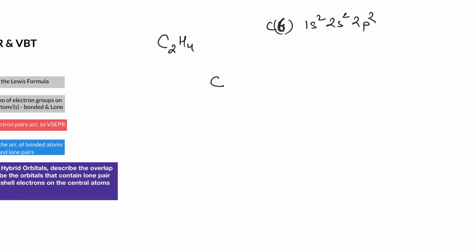Now in C2H4, if you write the Lewis structure, then 2 here, 2 there, 2 here, 2 there, and these are the electrons of the hydrogen.